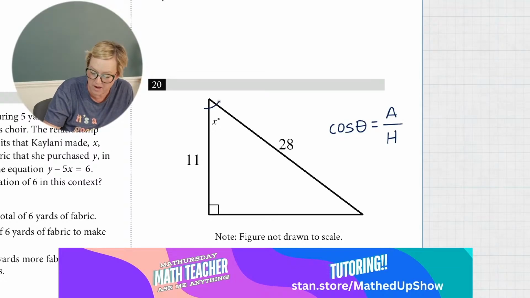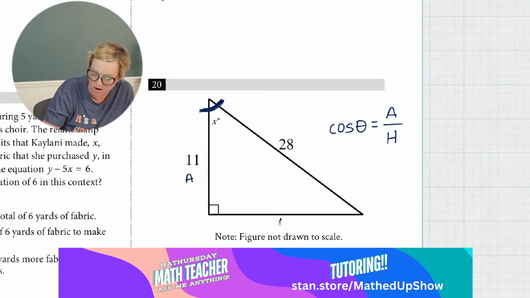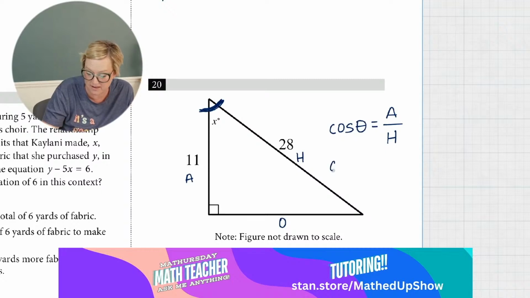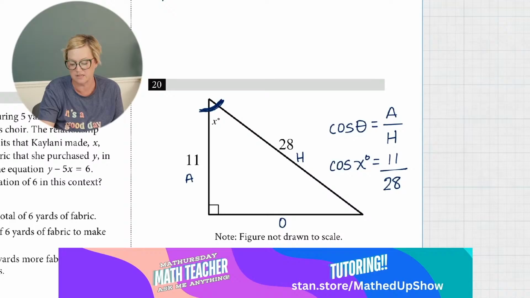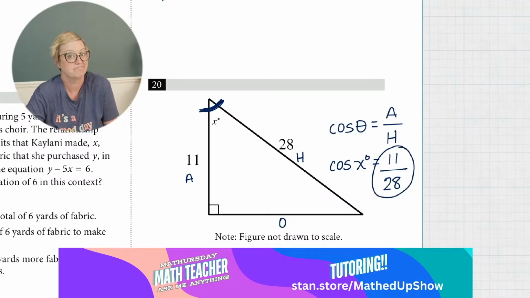With this being our theta here, because they picked that for us, our adjacent is here. This would be our opposite side, and this is our hypotenuse. So the only thing I actually have to do is just plug in. So cosine of x degrees is adjacent over hypotenuse, which is 11 over 8. So that would be my answer. That's it. That's trig.